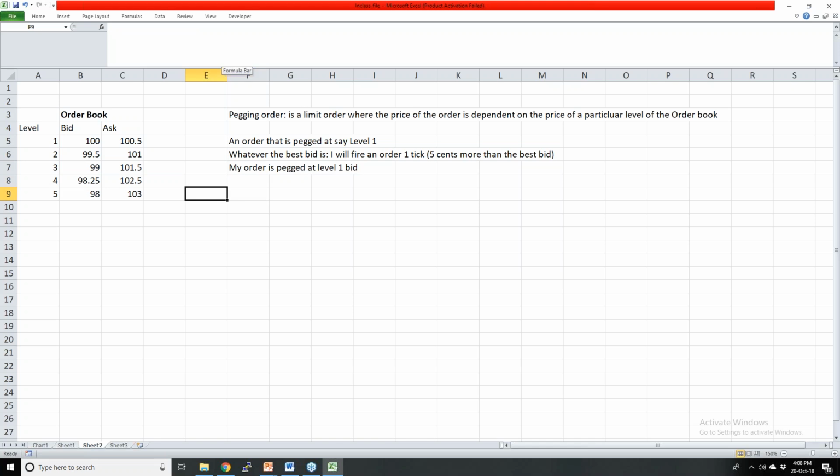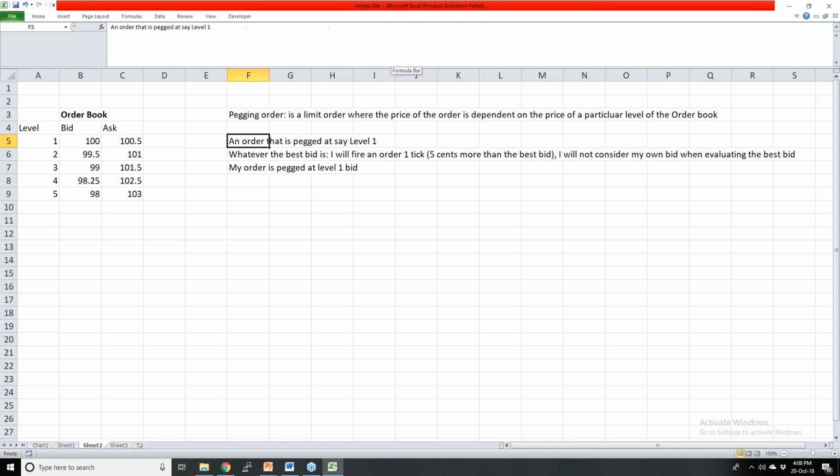So if this is the order book, and obviously I will not consider my own bid when evaluating the best bid, because otherwise it will be a recursive thing, right? And I will eventually hit the ask, right?